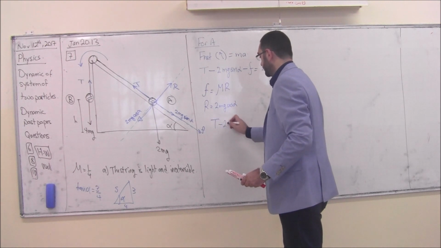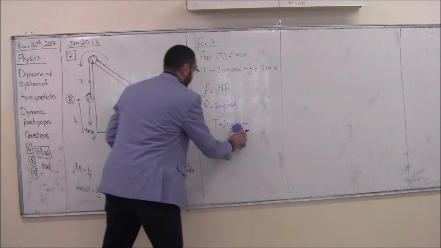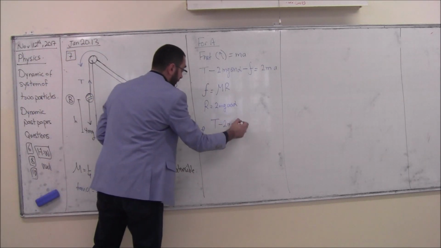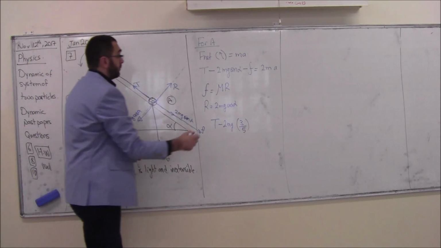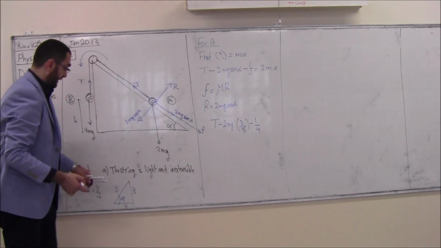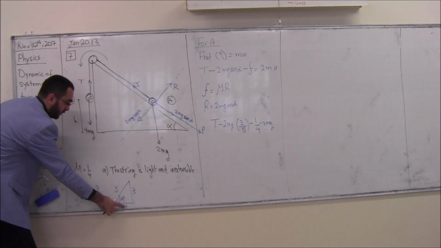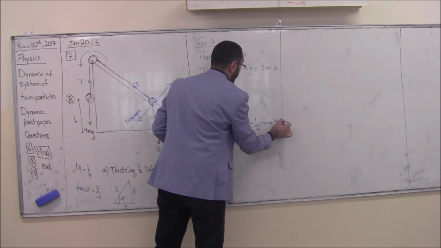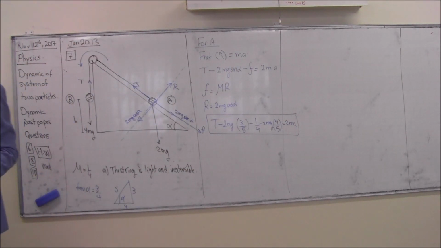So T minus 2mg sine alpha, where sine alpha is opposite over hypotenuse, 3 over 5, minus mu, 1/4, times the normal 2mg cosine alpha, where cosine alpha is adjacent over hypotenuse, 4 over 5, equals 2ma.